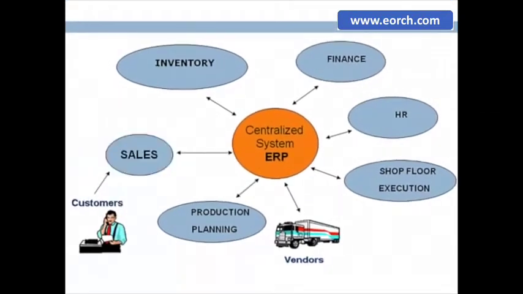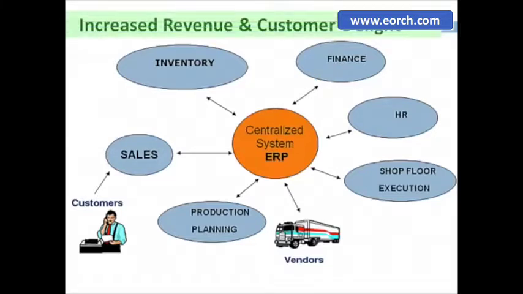When a customer approaches the sales team to buy a product on an urgent basis, the sales team has real-time information access to the products in inventory, which is updated by the inventory department in the centralized system. The sales team responds on time, leading to increased revenue and customer delight.